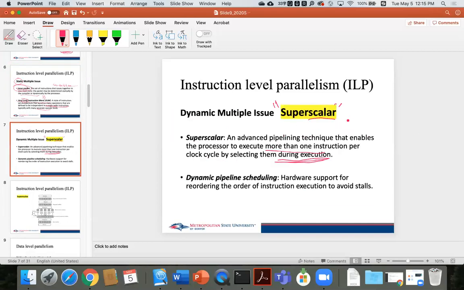With this one, you throw the whole big program sequence into the hardware, and the hardware dynamically selects whichever it can, 3 of them, 5 of them, or 6 of them, and executes them all together. This is called superscalar, which is a really advanced and popular modern computer parallel processing technique.